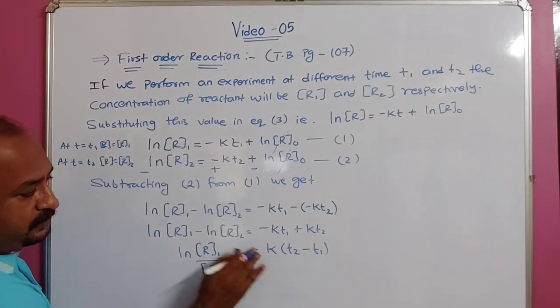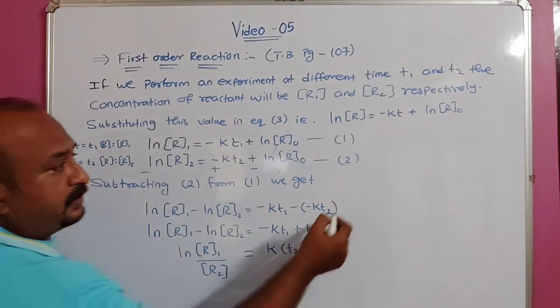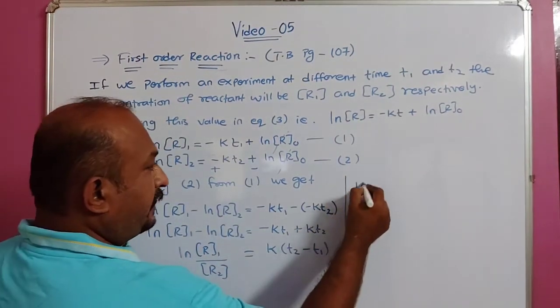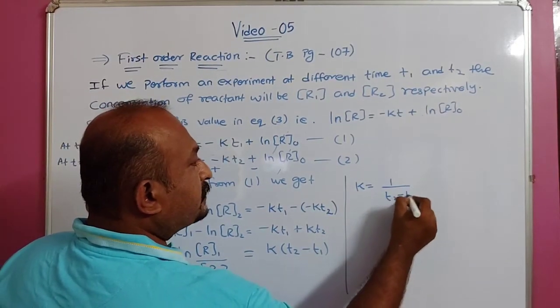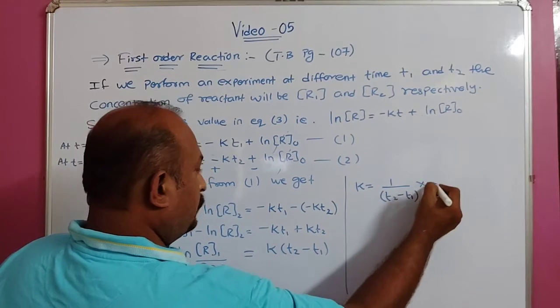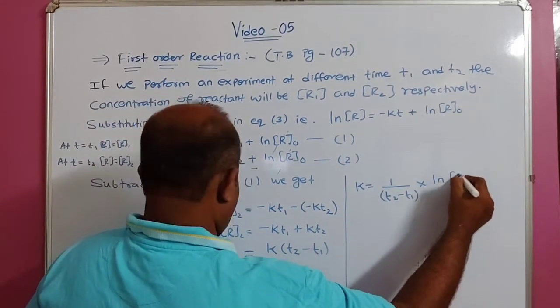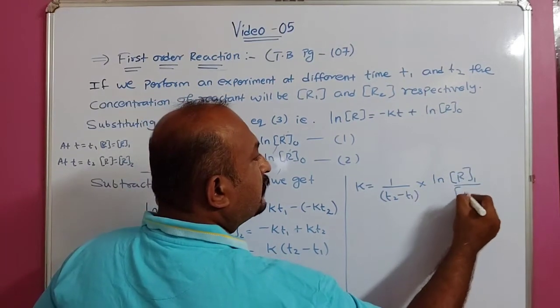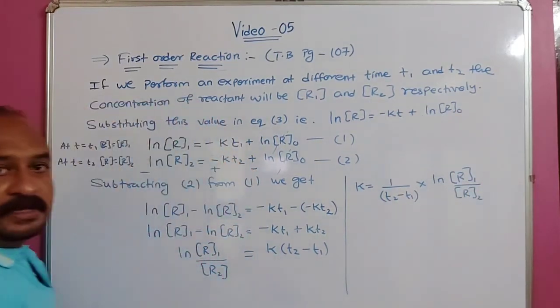So on the other side, K will be equal to 1 upon T2 minus T1 into ln R1 upon R2. So this is initial and this is final.